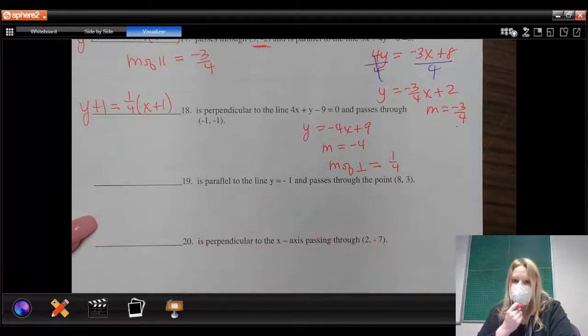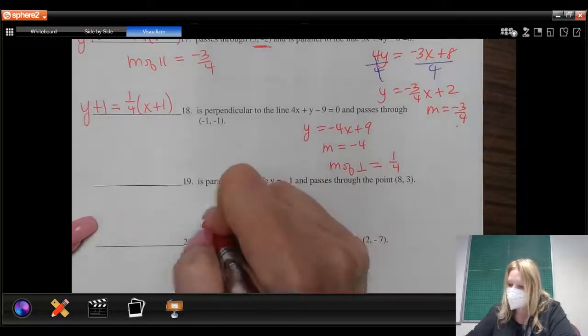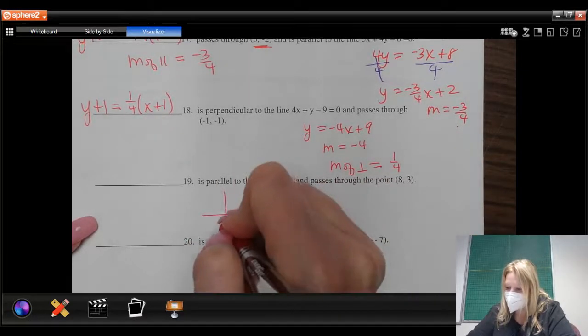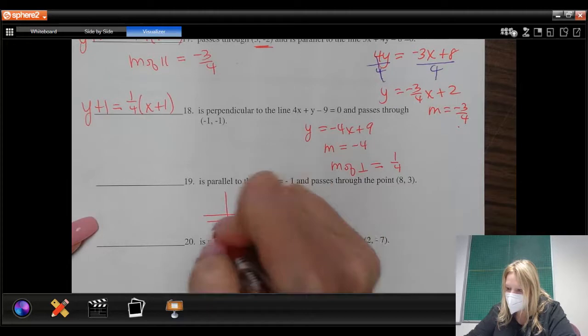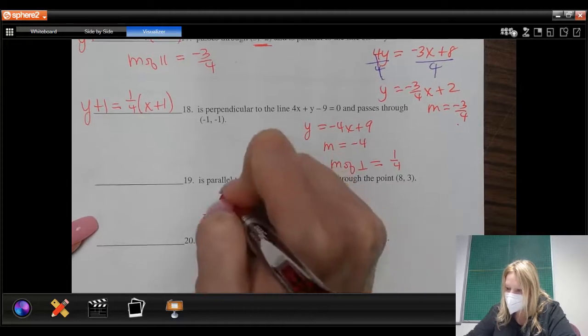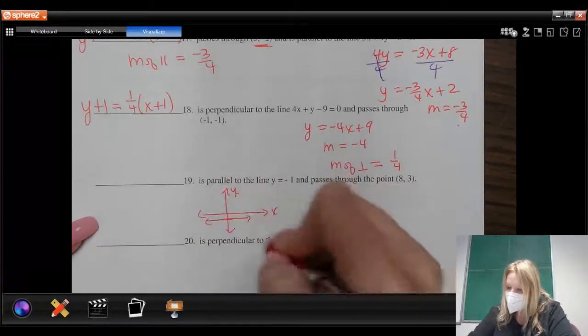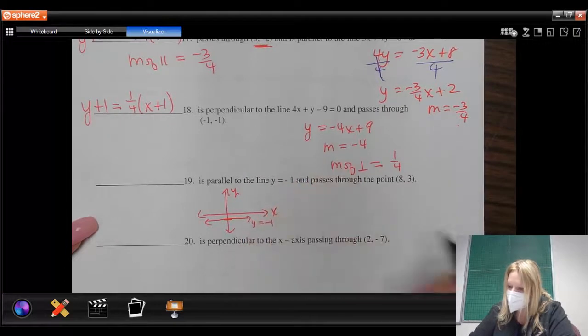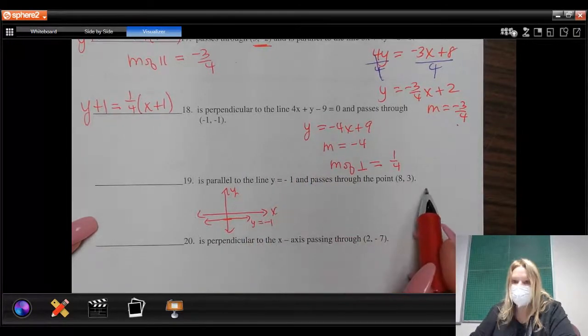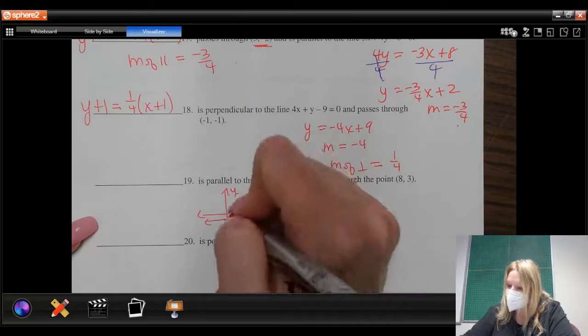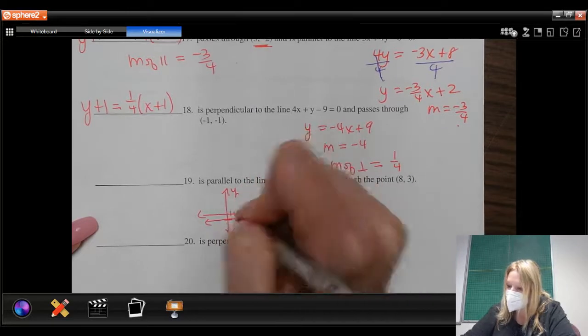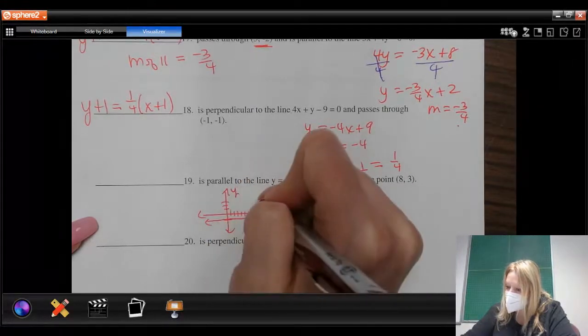Parallel to the line y equals negative 1, if you need to sketch that, you can certainly do that. Here's the line y equals negative 1. All right, this is the x, this is the y coordinate. So this is y equals negative 1. And passing through the point 8, 3. So 1, 2, 3, 4, 5, 6, 7, 8. 1, 2, 3.